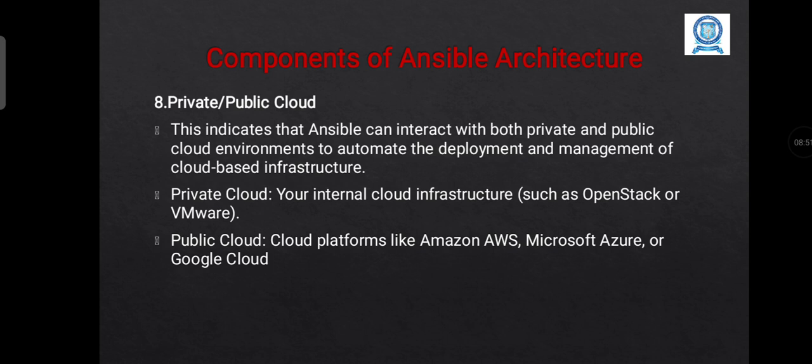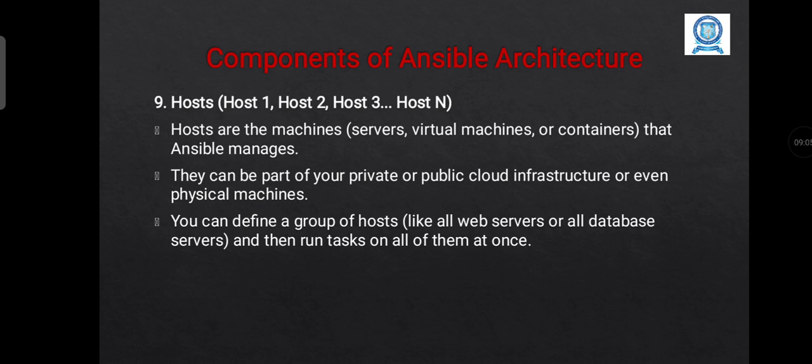We can also use Ansible with cloud infrastructure. This indicates that Ansible can interact with both private and public cloud environments to automate the deployment and management of cloud-based infrastructure. Hosts are the machines that Ansible manages. The hosts may be virtual machines, containers, or servers.